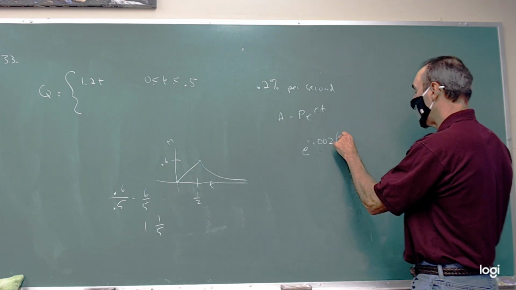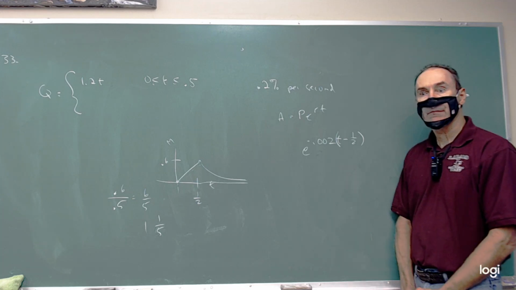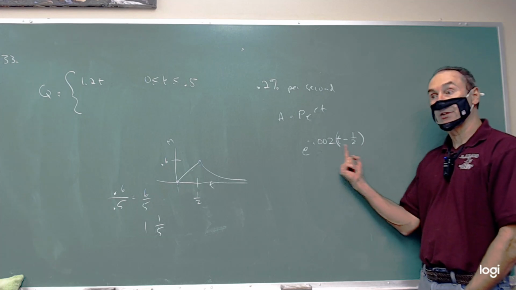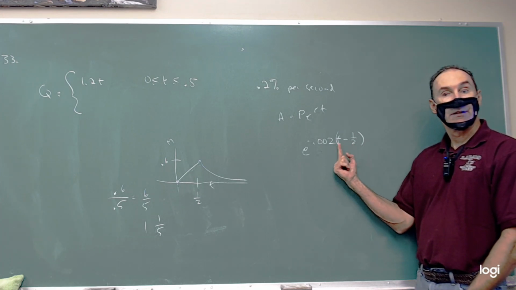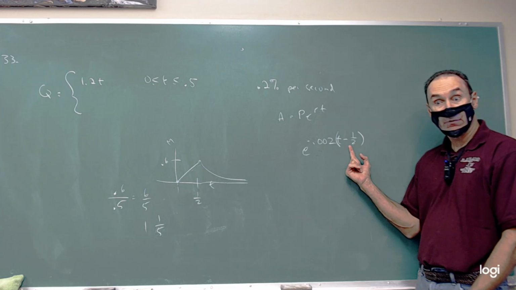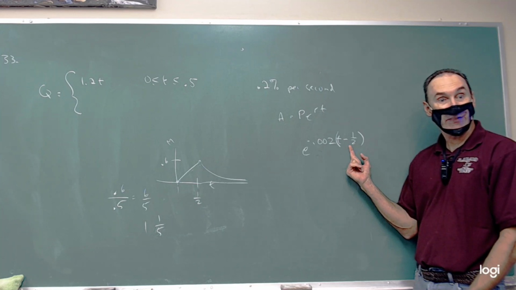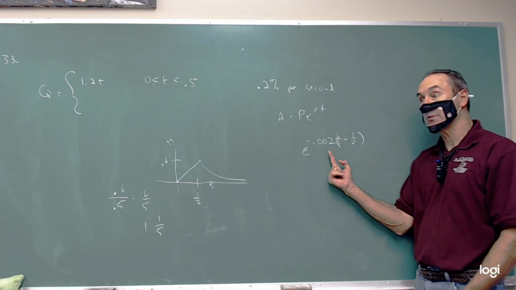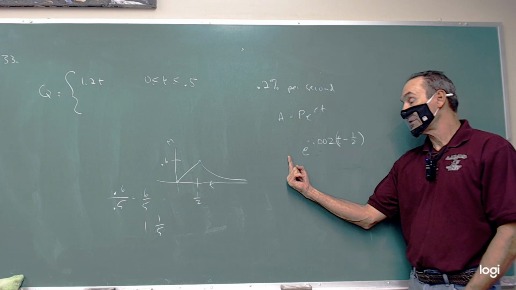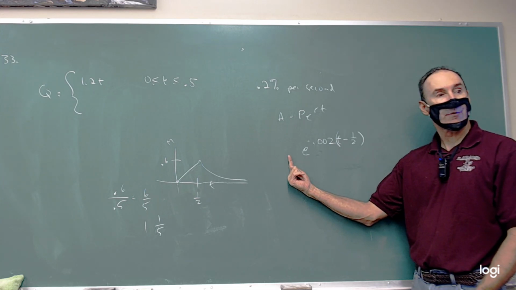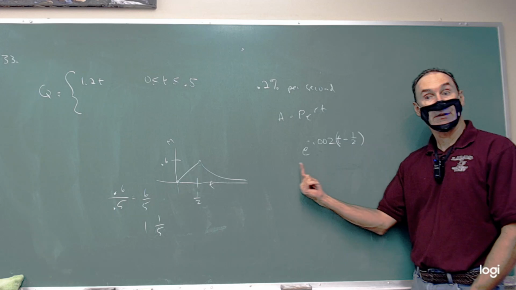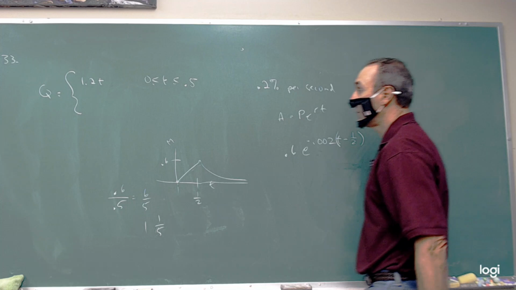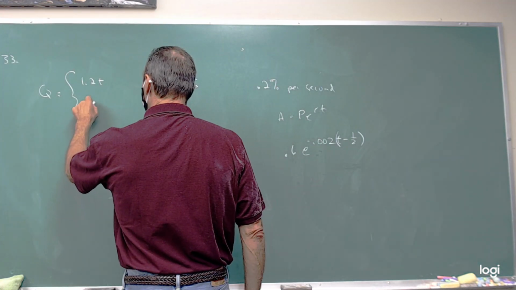Because when t is a half, our time is going to register as 1/2 minus 1/2, which is 0. So that's how we can make the initial value be, in our mind, 0. And so this is going to be e to the 0, which is 1. And how much medication is in our body at the start of the exponential decay? 0.6. Oh, what a crazy hard problem.